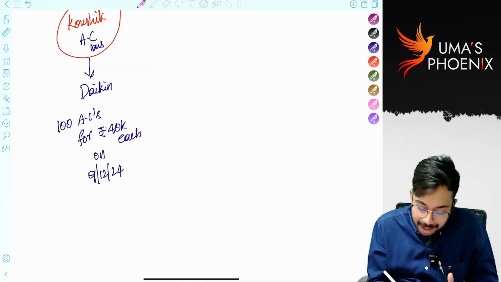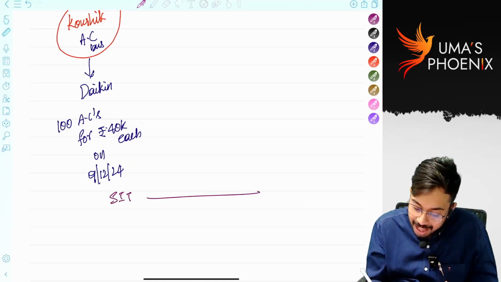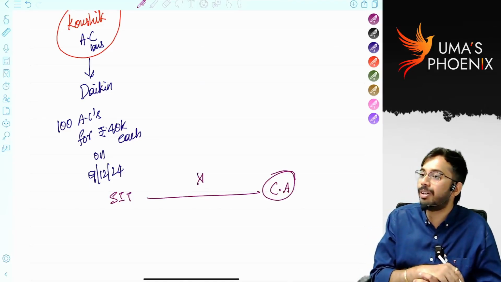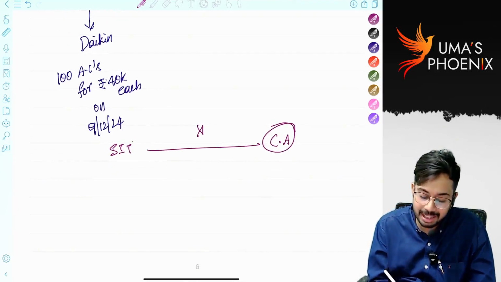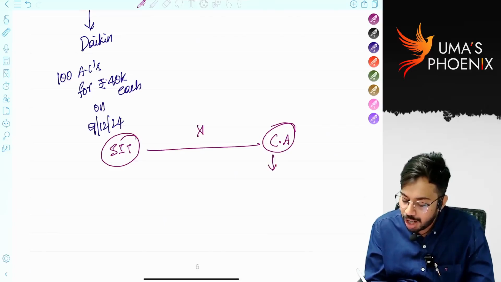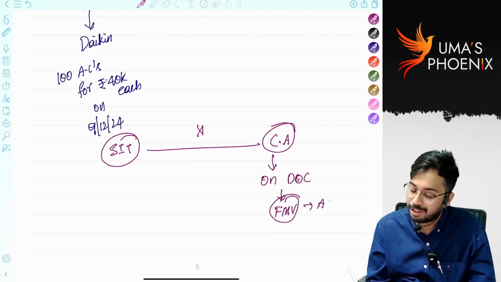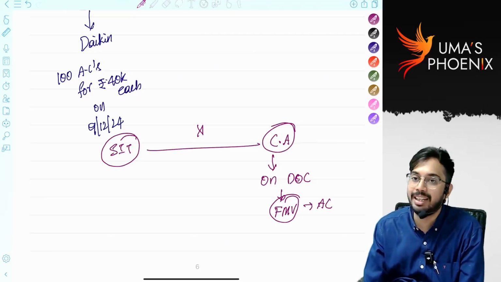That means whatever stock in trade he is having, he is converting stock in trade into capital asset. Are you able to understand? So whenever stock in trade is converted into capital asset, on the date of conversion, whatever the fair market value is, that fair market value will be considered as the actual cost of the new AC. Is it clear?